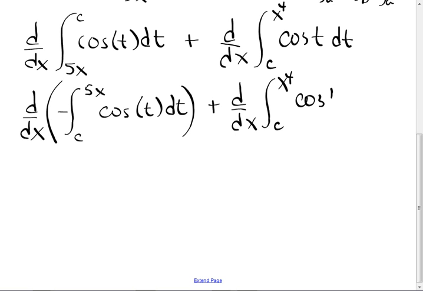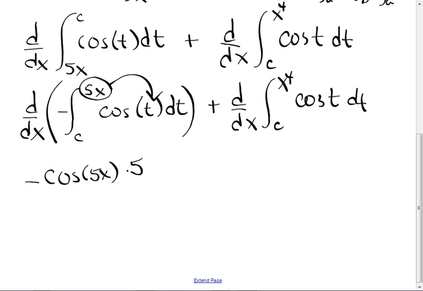Once we get to this stage, I really just have two problems on the fundamental theorem. So what's this going to give us? The derivative of this is going to give me the negative, and what are you going to put in for t? 5x. Is that okay, Andrew? So I expect a perfect score on this part from you. Times the derivative of this, 5. I don't care, we're not going to simplify it.